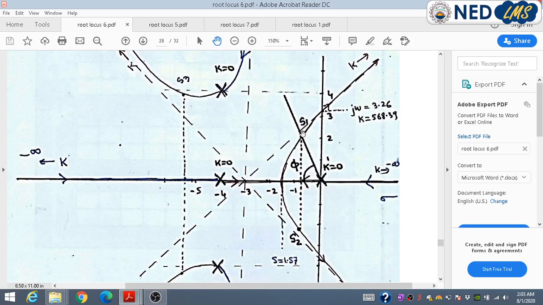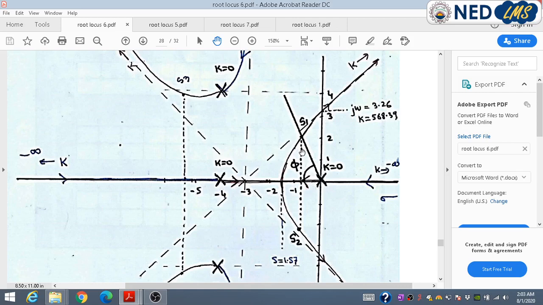S1 is the first root and its conjugate is the second root, and we can write down the coordinates of this root with the help of the graph paper on which we have plotted the root locus. Here I am giving you one piece of advice: we should have an orthogonal scale on the x and y axes, the same unit on the x-axis and the same unit on the y-axis, in order to have a better shape of the root locus.